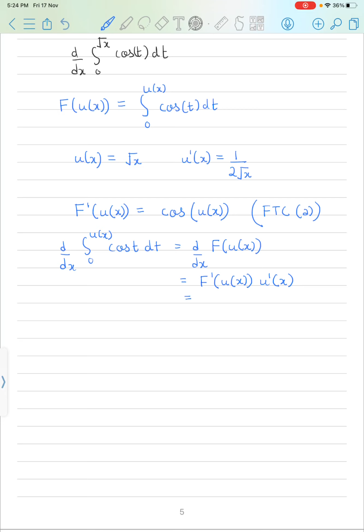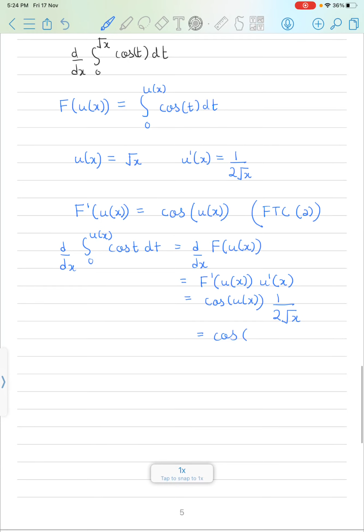We have already calculated f dash of u of x, which is cos u of x, and u dash x is 1 by 2 root x, and cos u of x is cos root x, so the result is cos root x by 2 root x.